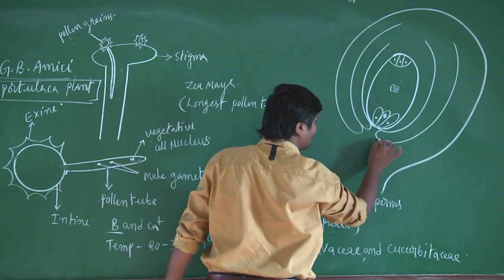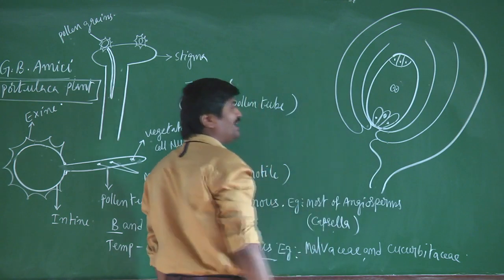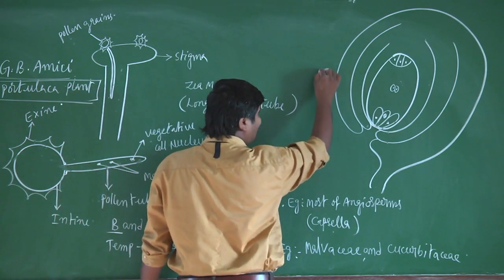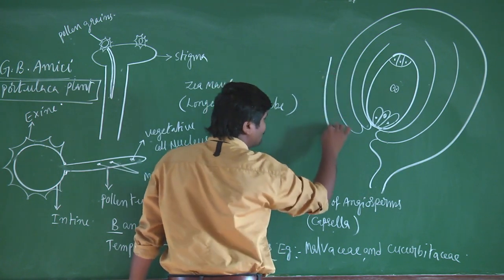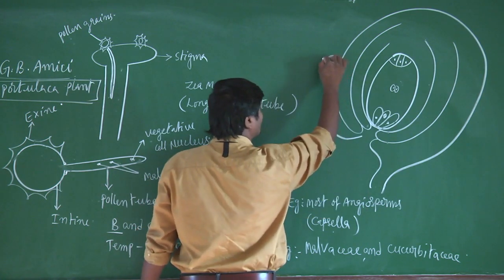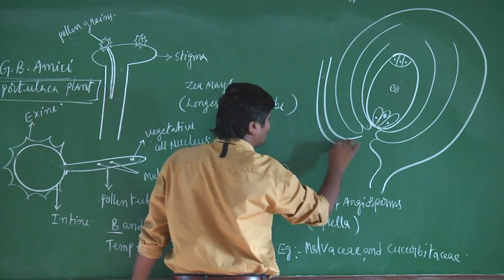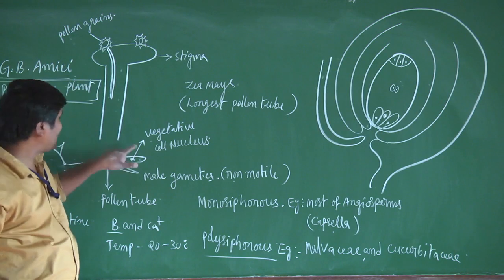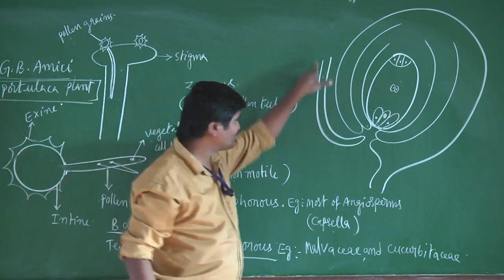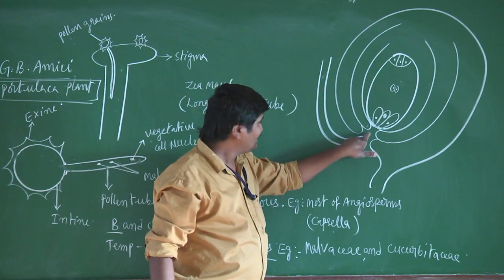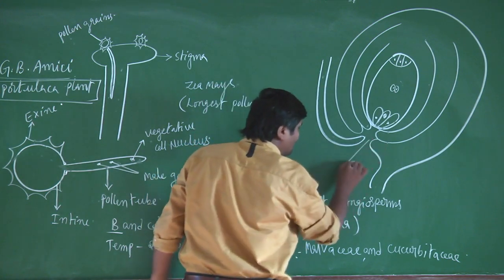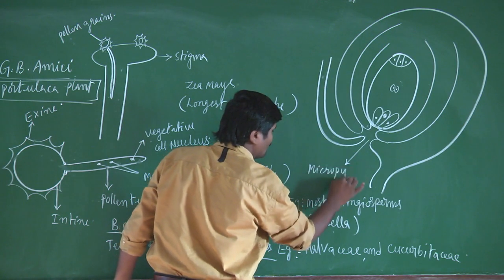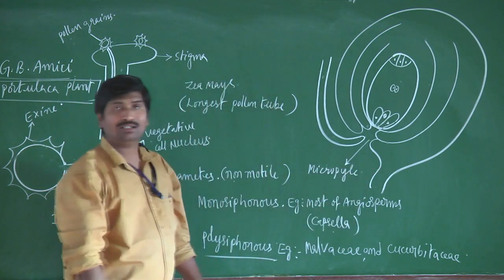See this, it is an anatropous ovule. In this anatropous ovule, this is a pollen tube. Gradually the pollen tube comes down and enters the ovule. This is known as the micropyle. It is very important here.